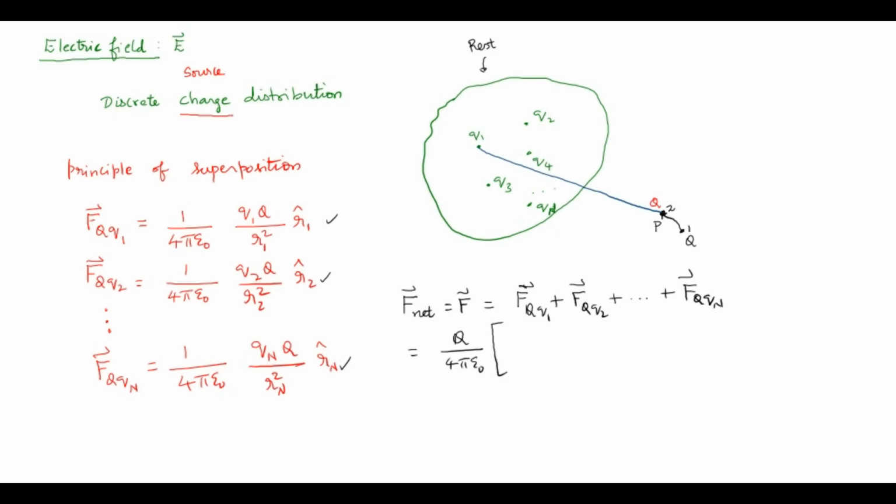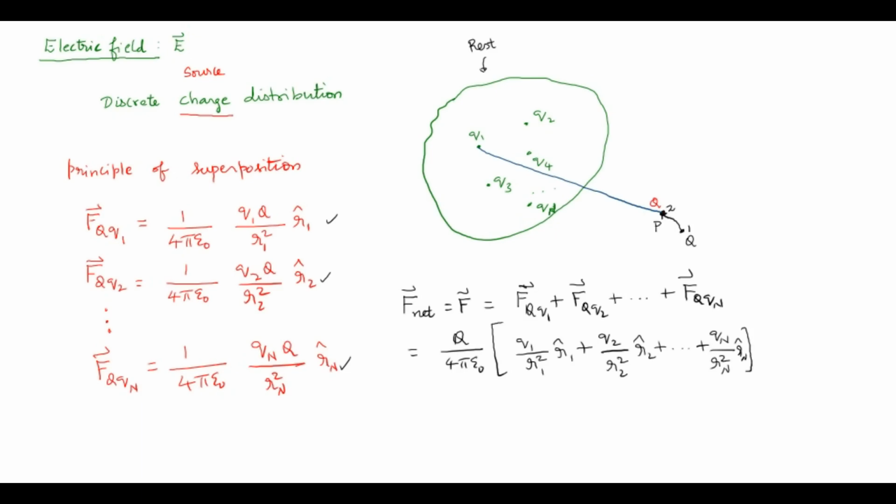The remaining terms are q1 by r1 square r1 hat, q2 divided by r2 square r2 hat, and so on, qn divided by rn square rn hat.